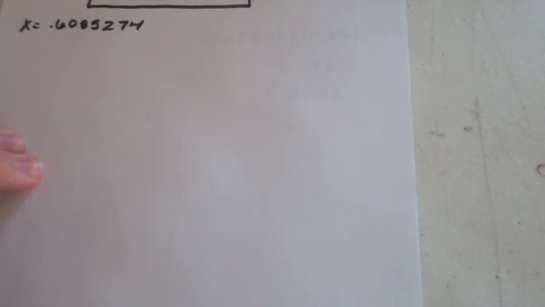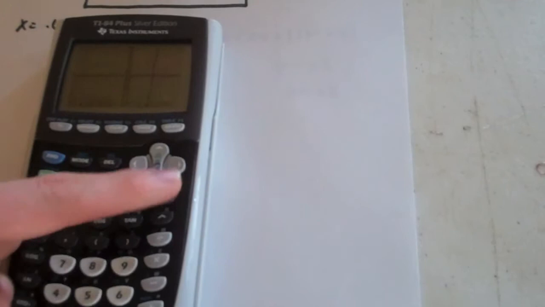It is at x equals 0.6085274. Okay, and then we'll do it again with the other zero. So we'll go to graph, second calc, zero, and now we're going to do it for this right-hand point.